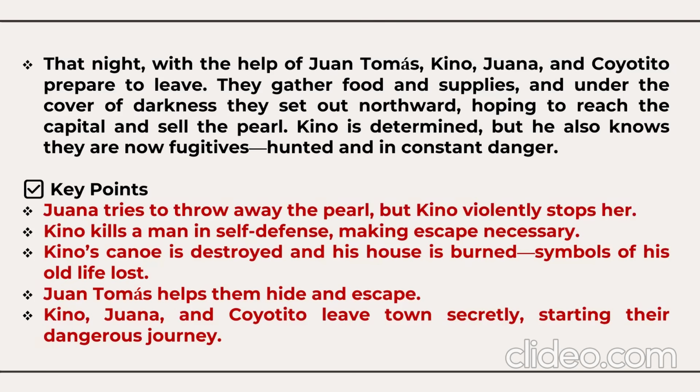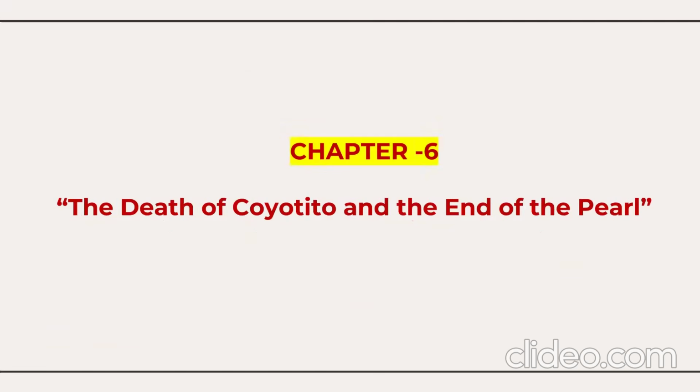Juan Thomas, Kino's brother, helps them hide and escape. Kino, Joanna, and Coyotito are now leaving for the capital secretly, and they know they will face a dangerous journey from now on. Now, chapter number 6, the death of Coyotito and the end of the pearl.